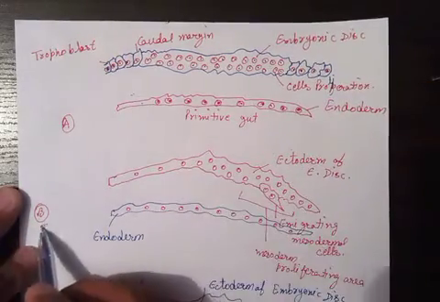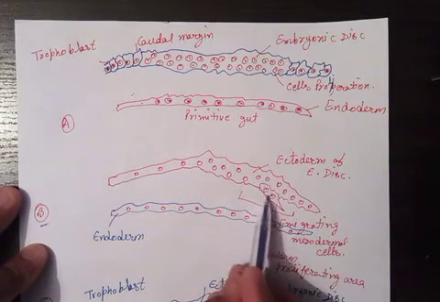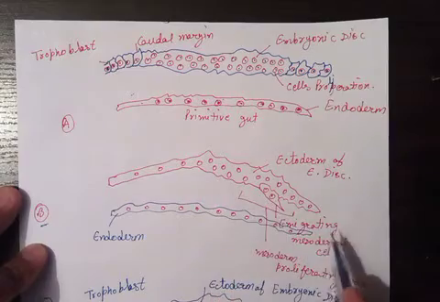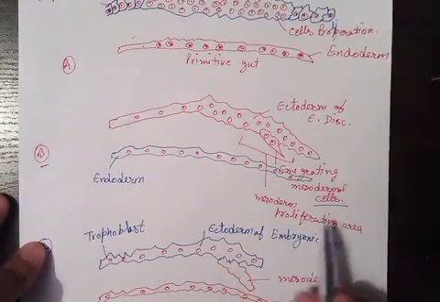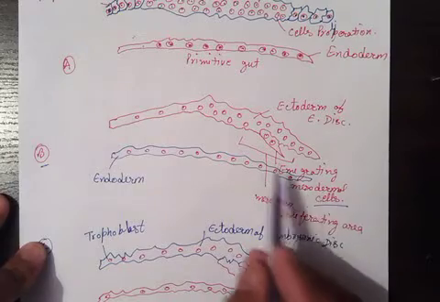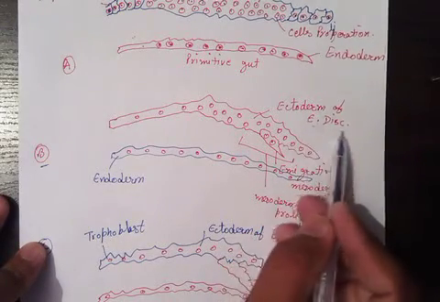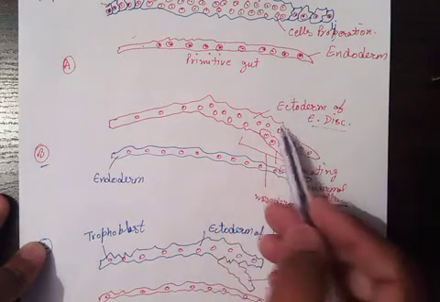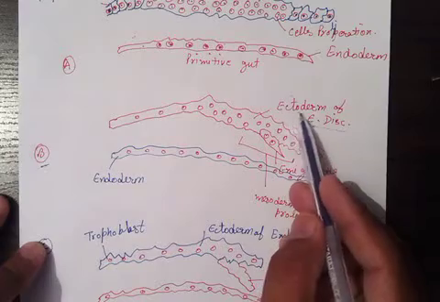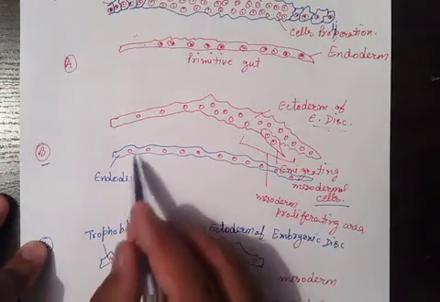In the second phase, the proliferated cells give rise to mesodermal cells, meaning the mesodermal cells emigrate from the embryonic disc. This part later converts into ectoderm. So here I have written ectoderm of the embryonic disc. This is the endoderm.